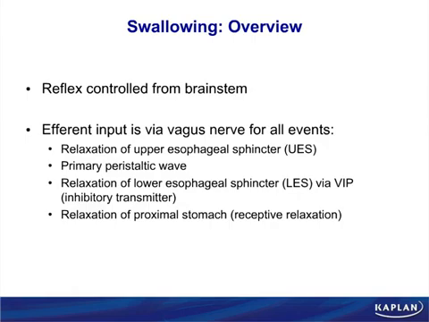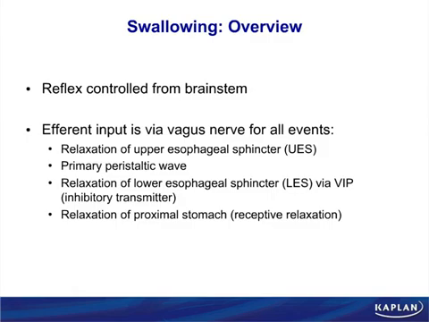This is why people who have strokes of cranial nerves 10 and 11 have aspiration pneumonia, because they're having disordered swallowing. And also the vagus releases vasoactive inhibitory peptide. What opens that sphincter so the food goes forward? VIP. But the VIP is as a result of the vagus. And this also causes relaxation of the proximal stomach.